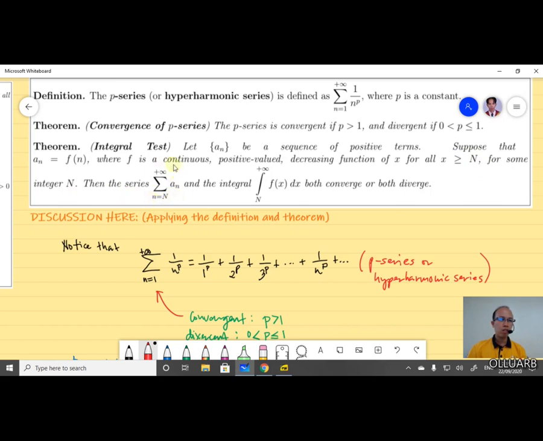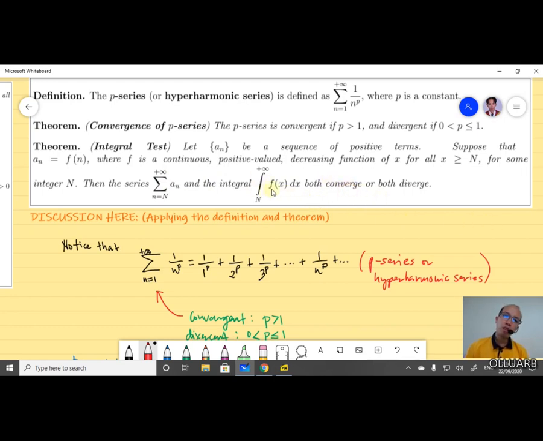Then the series summation of a sub n, where small n starts from big N to positive infinity, and the integral of f of x from big N up to positive infinity, both diverge or converge, as you can see here in the theorem.